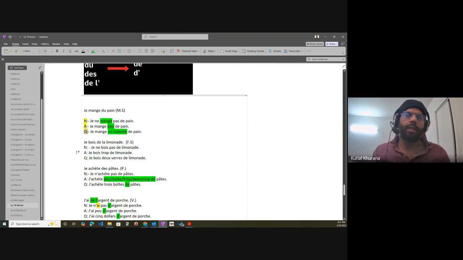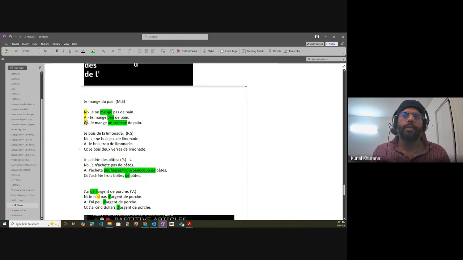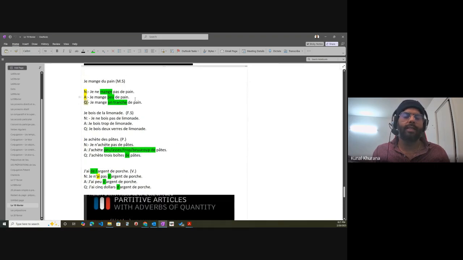Third one, when there is a quantity. So first of all, we'll do certain exercises. We'll read these, and then we will make at least 5 sentences, and then we will do the negation, and then add adverb, and then quantities, and then we will see how that changes.